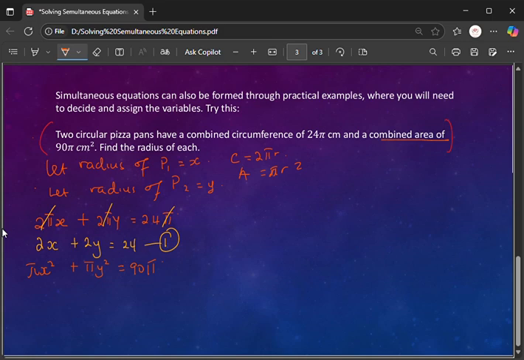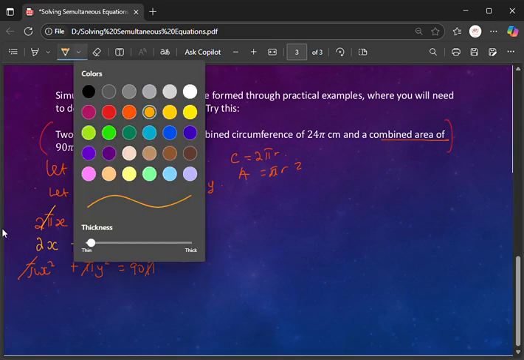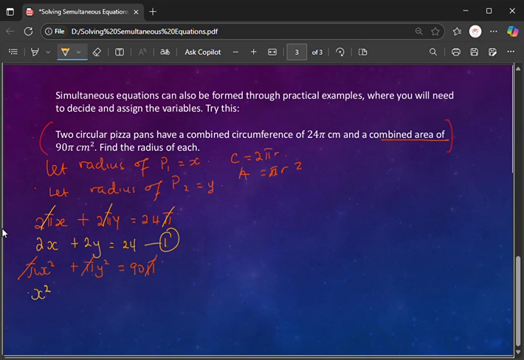Remember, the radius of pizza pan 1 is x and the radius of pizza pan 2 is y. So let's cancel out the pi's. Okay, and then let's write the new equation: x squared plus y squared equals 90. So this is equation 2. Are we following? So after that, now that we have equation 1 and equation 2, we use the ideas of the explained examples 1 and 2 to continue and solve.